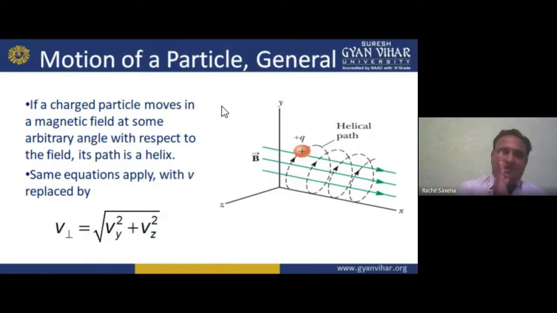The particle moves at 30 degrees like this, so it will move like a helix at 30 degrees. We can apply the equation here, with v replaced by v1 equals root of Vy squared plus Vz squared. It's a very simple equation to identify.